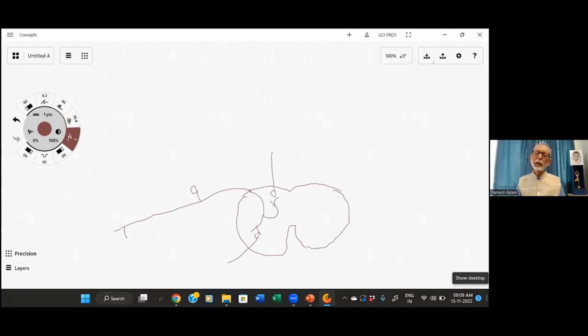Which at some point will cross over to the opposite side, because the stimuli from the left side reach the right side and vice versa. And then from here it will spread to the association areas.